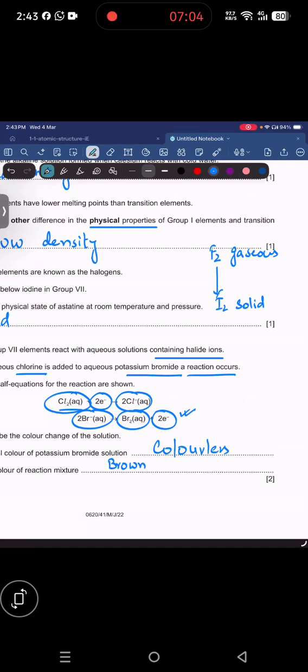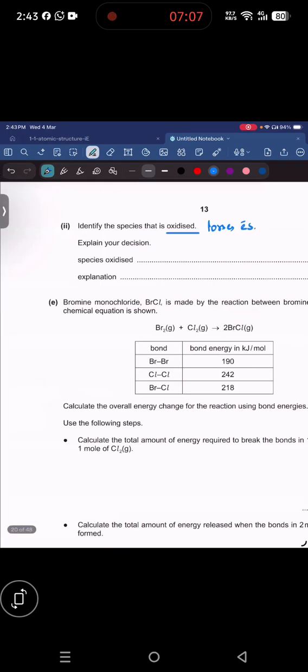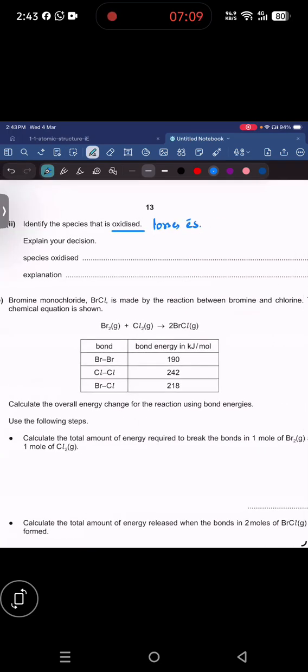So the species is the bromide ion, and the explanation: bromide ions lose electrons.